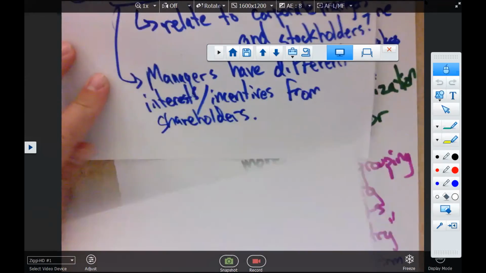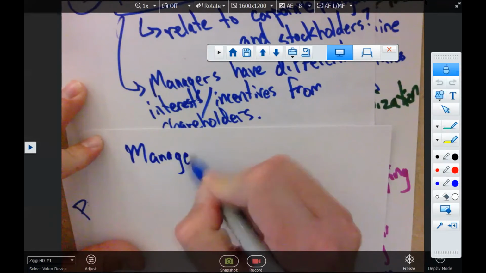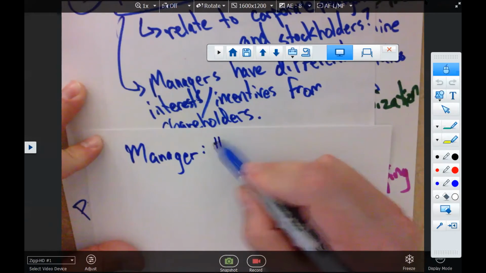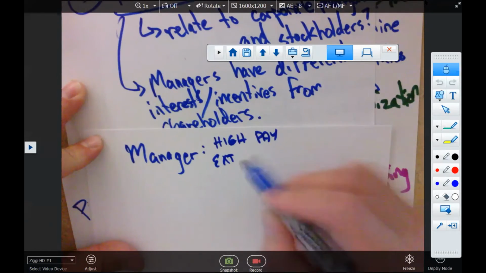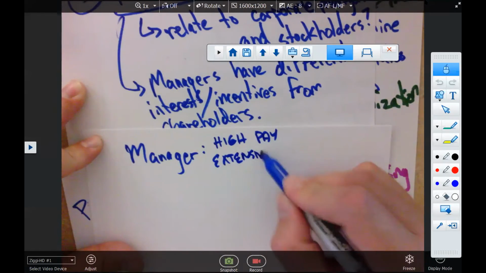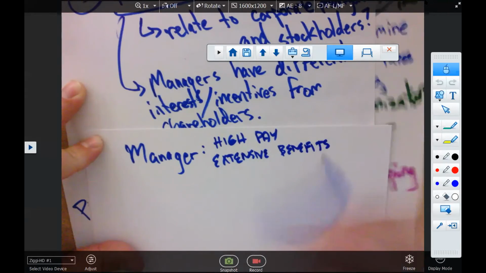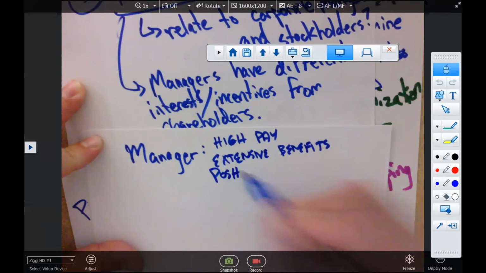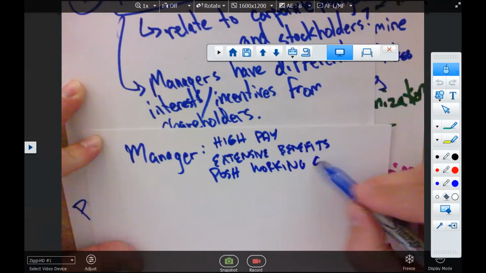Well, the manager wants high pay, extensive fringe benefits, posh working conditions. I don't think I've ever written posh in my life.